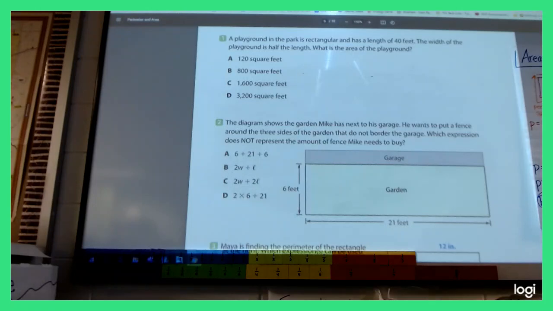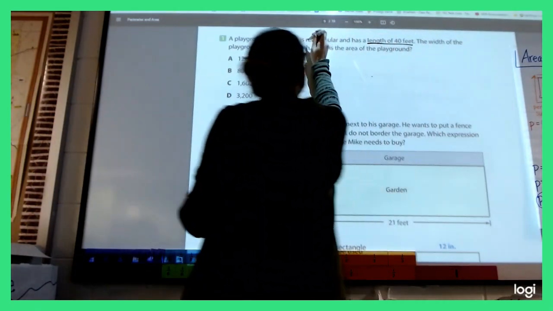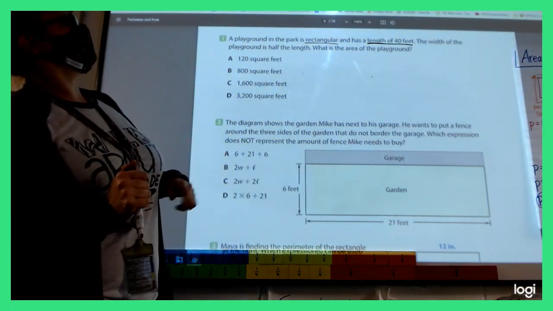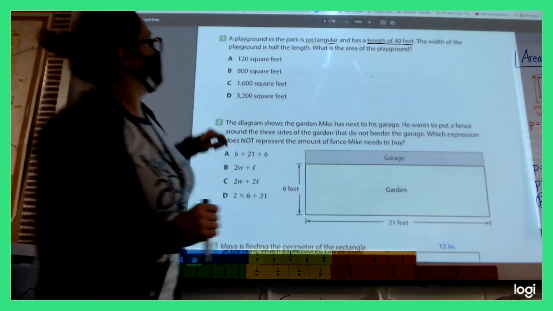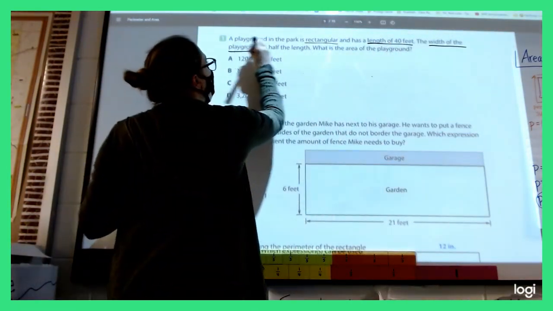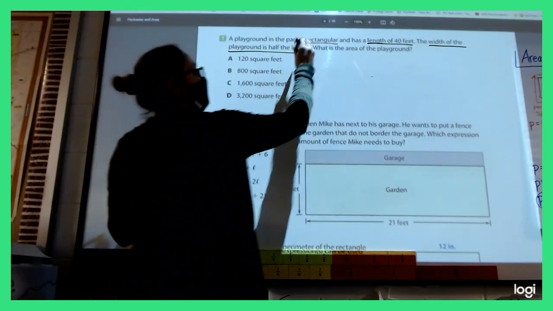So a playground at the park is rectangular, has a length of 40 feet. Please mark up your problem if you want to become better at math, which should be all of us. The width of the playground is half the length. We haven't really heard one like that before. What is the area of the playground?